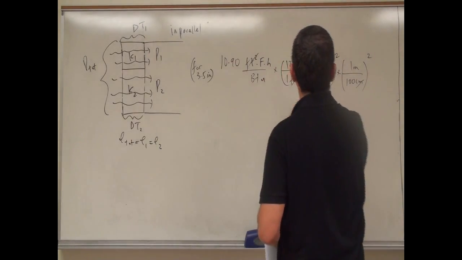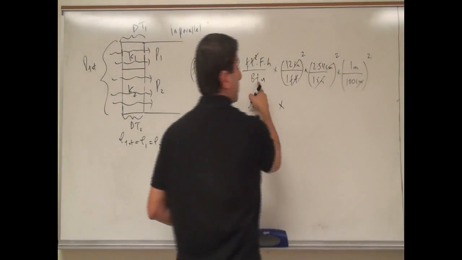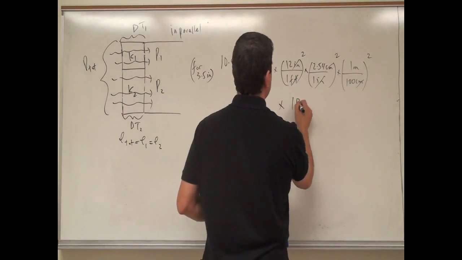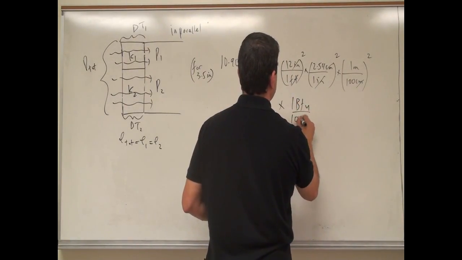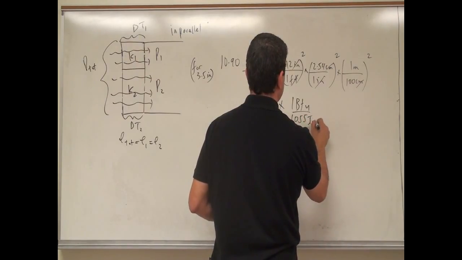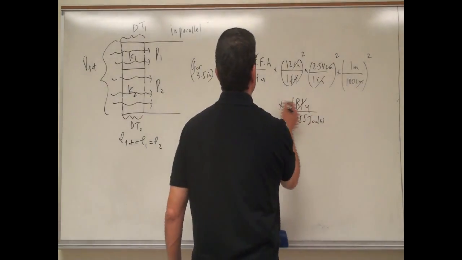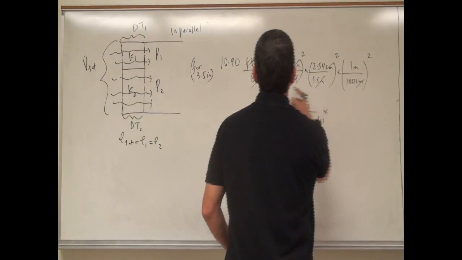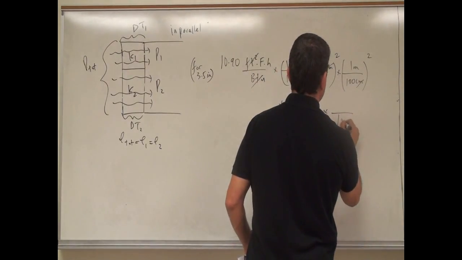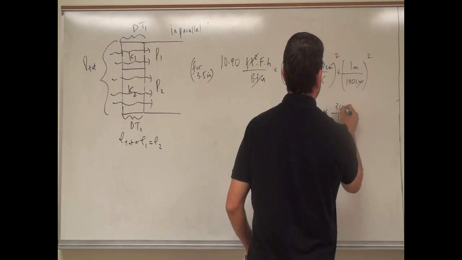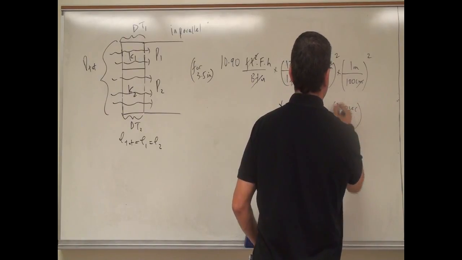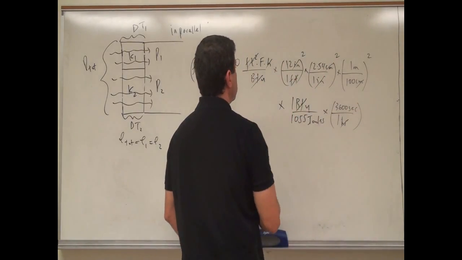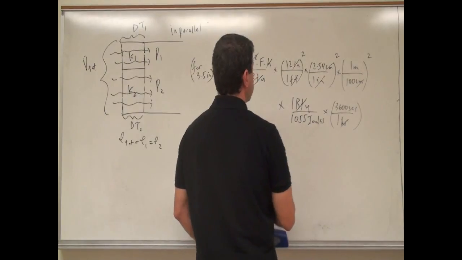And then I can multiply, I'm going to get rid of the British thermal unit. 1 British thermal unit is 1055 joules. So the British thermal unit will cancel that, and then 1 hour is 3,600 seconds. So the hour and the hour will cancel, right? And then we just have seconds.